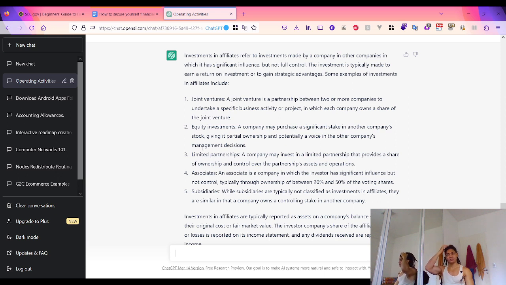Gaining strategic advantage may be brand recognition, using the existing customer base from the other company, or improving efficiency and productivity.